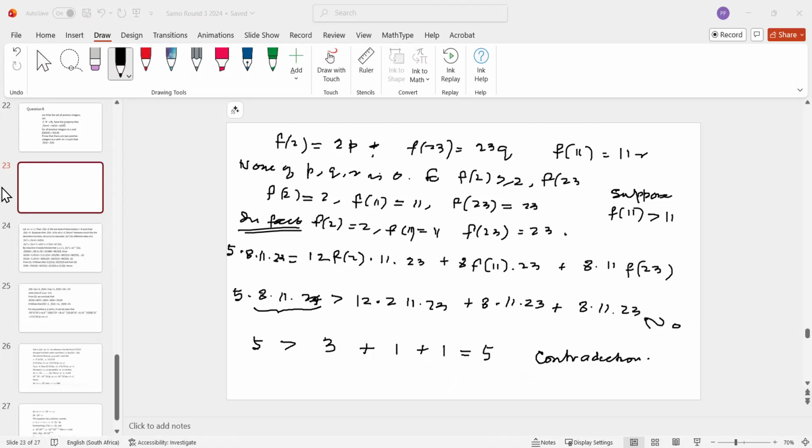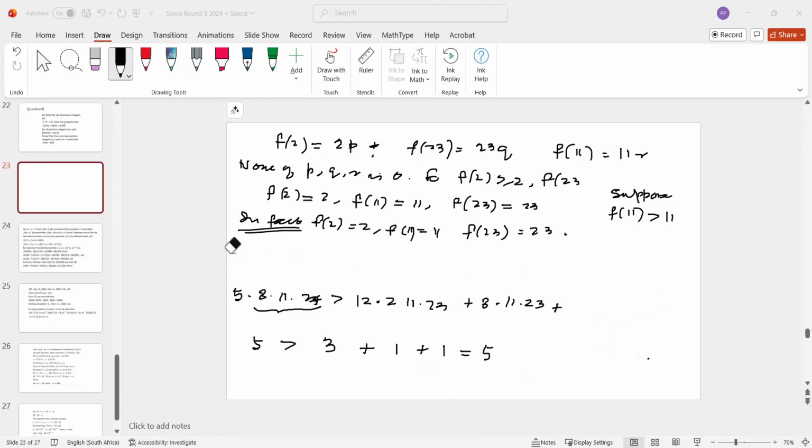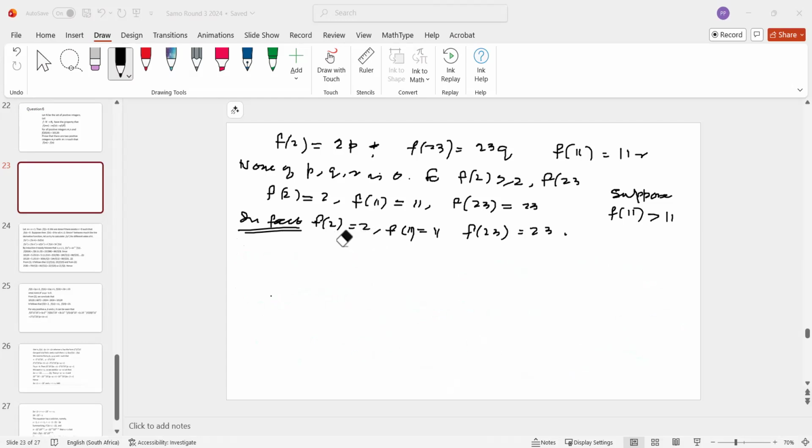Now I want to use this fact to calculate any expression, any number which has got the factors 2, 11, and 23, prime factors.